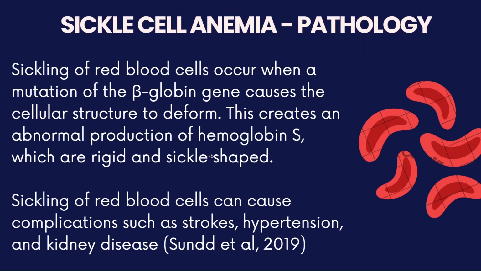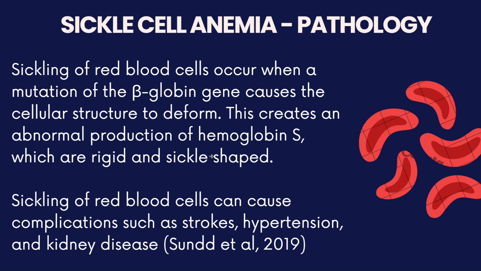So the sickling of red blood cells occurs when there is a mutation of the beta globin gene, which causes the cellular structure to deform. This creates an abnormal production of hemoglobin S, or hemoglobin sickle, which creates a rigid and sickled shape for the red blood cells.